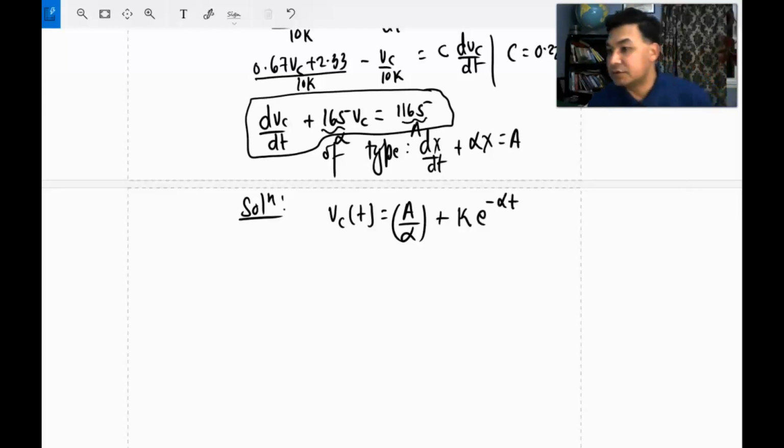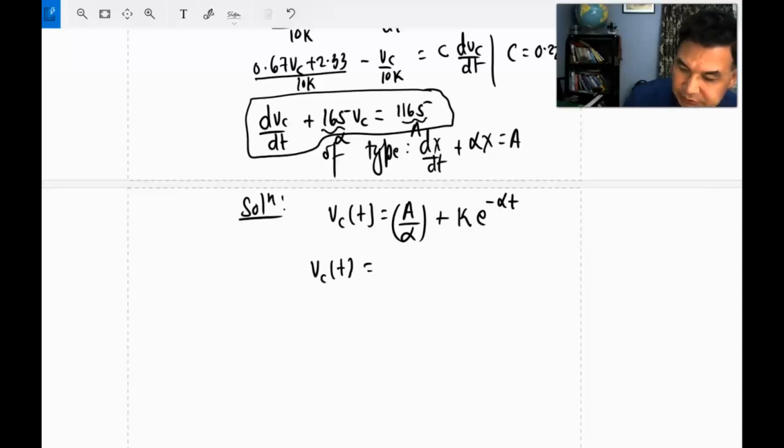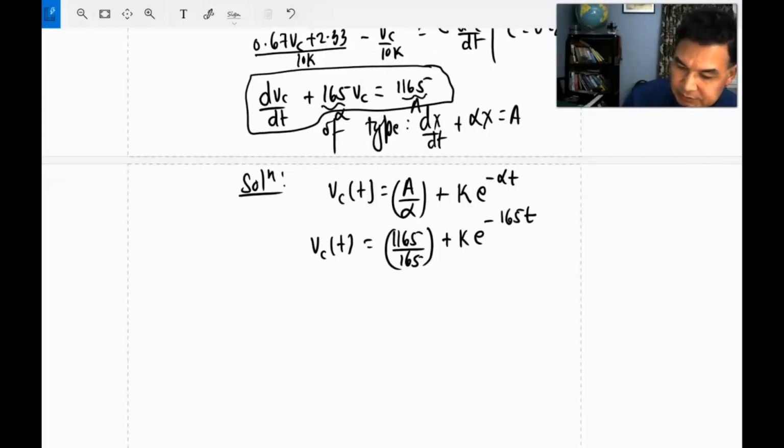So this is the solution. So Vc of t, what is a? A is 1165, alpha is 165, plus k e to the negative 165 t.